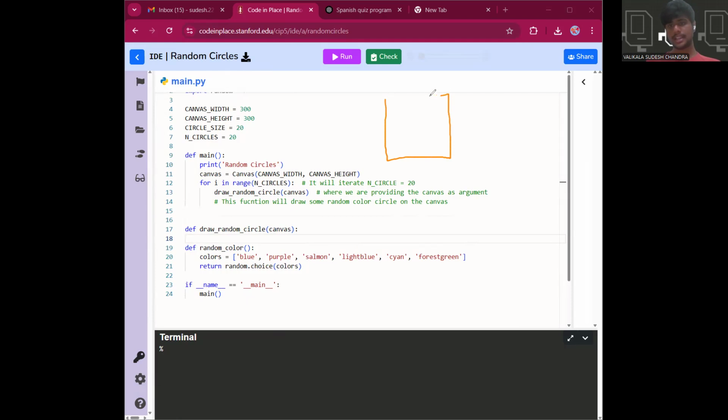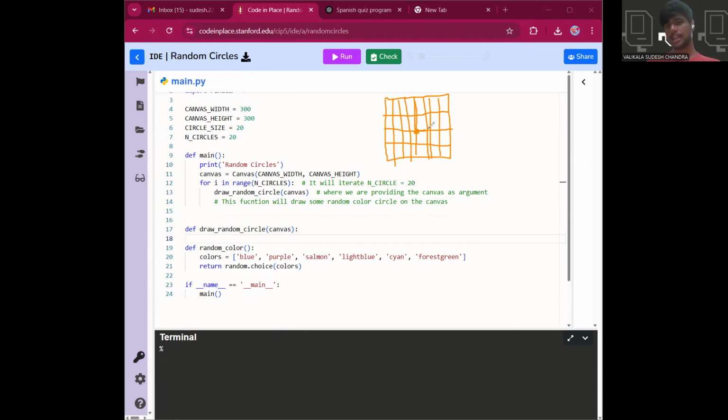Most of you have gone through grid-shaped graphs in your lower classes, from class 5th to class 9th. You might have gone through different grid-shaped graph papers in mathematics, where we have been provided with grids with the center being 0 comma 0.